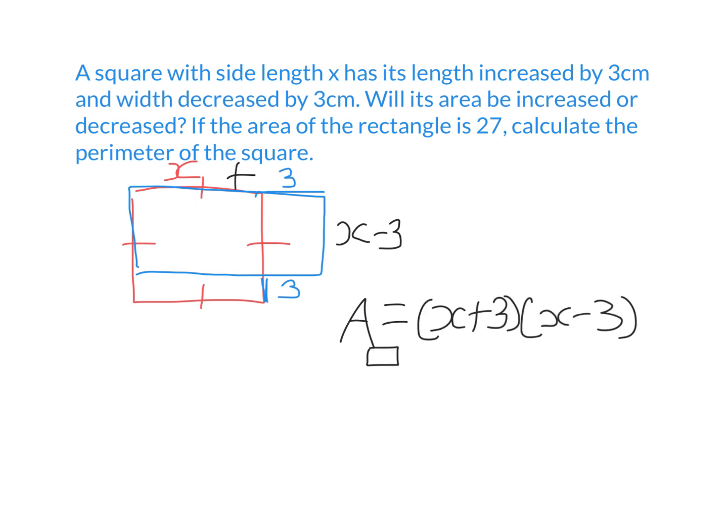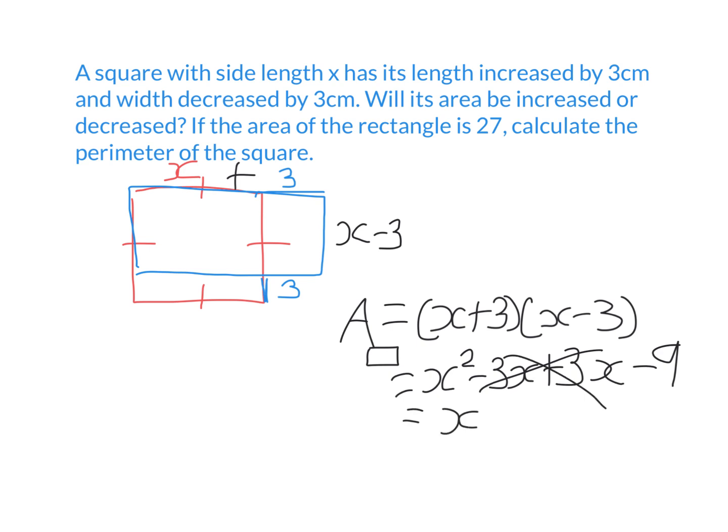So expanding this using FOIL, we get x times x is x squared. First, outsides is x times negative 3, insides is 3 times x, and last is 3 times negative 3. These two cancel out. Negative 3 plus 3 is 0. So the area of the rectangle is x squared minus 9.